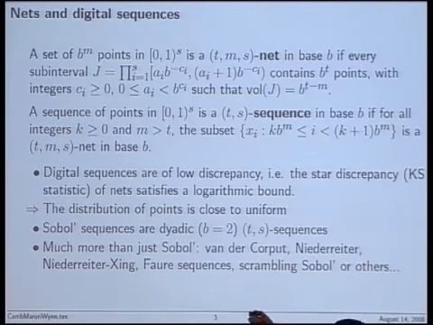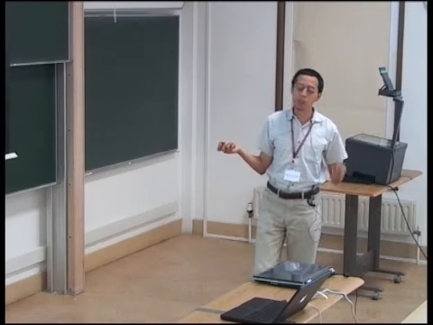That is a finite set. If from an infinite set we can always take a finite set of points that have the above property, that is called a sequence. Why is this important? Because these sequences have low discrepancy. And what is this property?